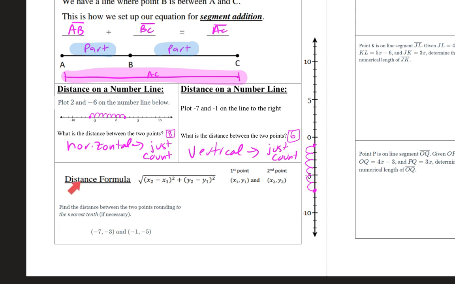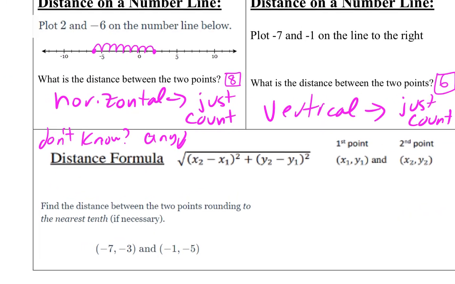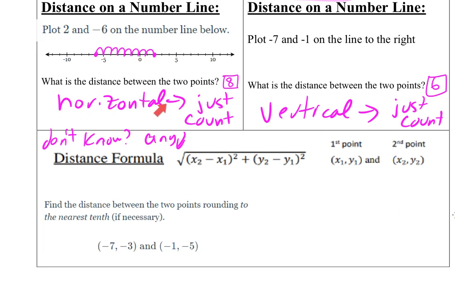Okay, so if we don't know, then this is for anything. Okay, this is called the distance formula. So this would actually work if we were working with a horizontal line or a vertical line. So we're going to use the distance formula if we don't have a picture.